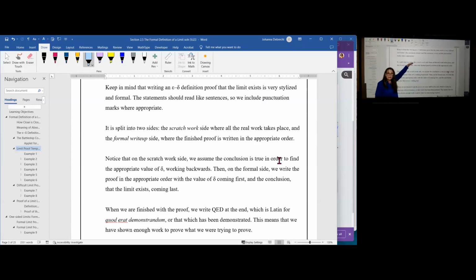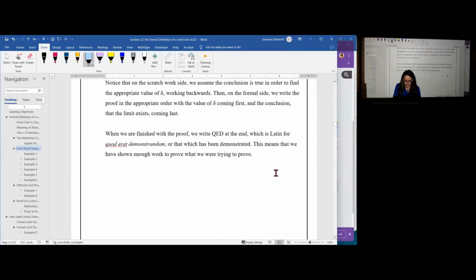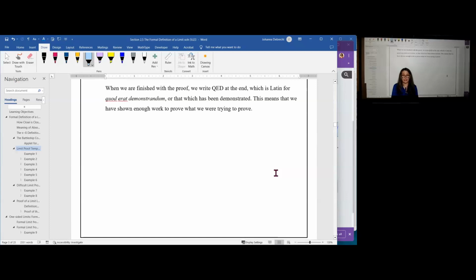Then we rewrite the proof going in reverse order to the scratch side, starting with the value of delta and showing that that proves that f of x minus L is less than epsilon away. At the very end, we write QED, which is Latin for quod erat demonstrandum, which means that which has been shown or that which has been demonstrated. Or in grad school, quite enough, I'll let you finish it.